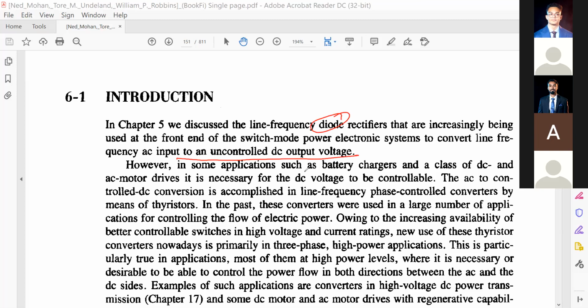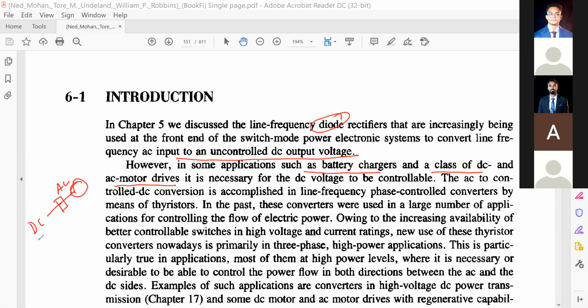However, there are applications such as battery chargers and a class of DC and AC motor drives. So in the battery charger, also in the DC motor drives, where you may want to control the speed of the motor, you need a variable DC supply, and also AC motor drives, where DC voltage will be converted to AC, and then you can use an AC motor.